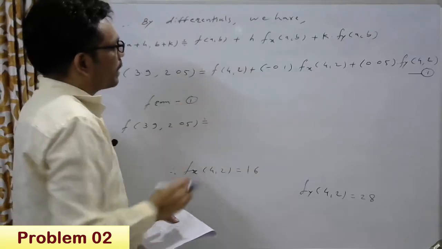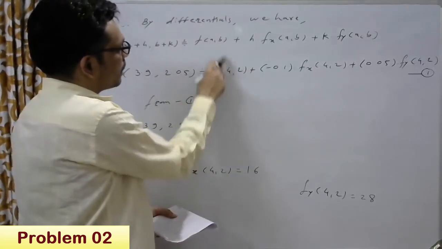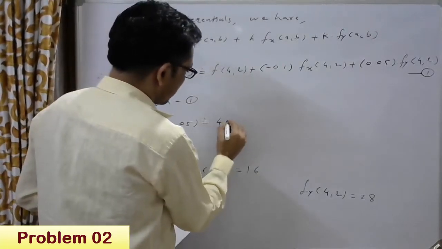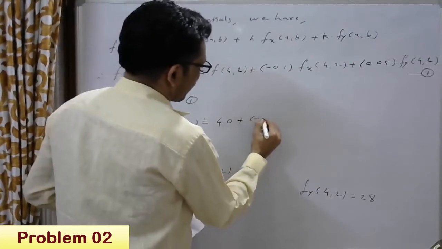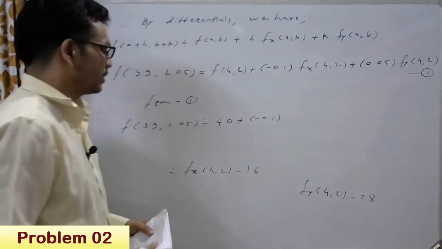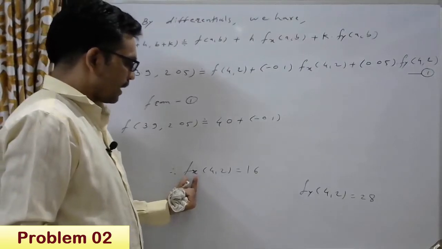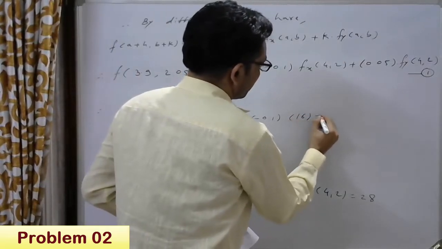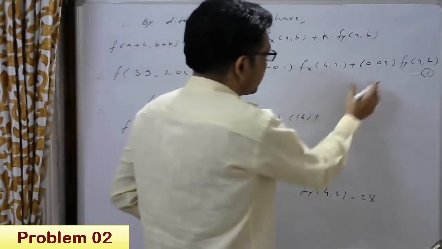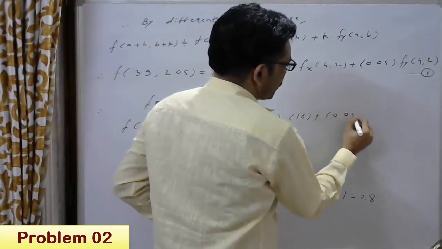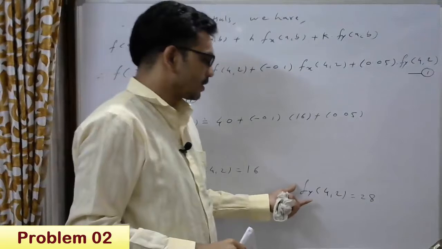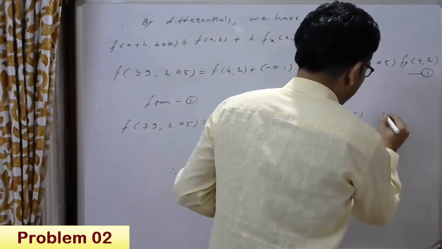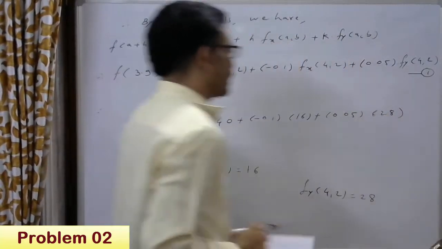The value of f at the point (4, 2) is 40, plus minus 0.1 times the value of f_x at the point (4, 2), which is 16, plus 0.05 times the value of f_y at the point (4, 2), which is 28.